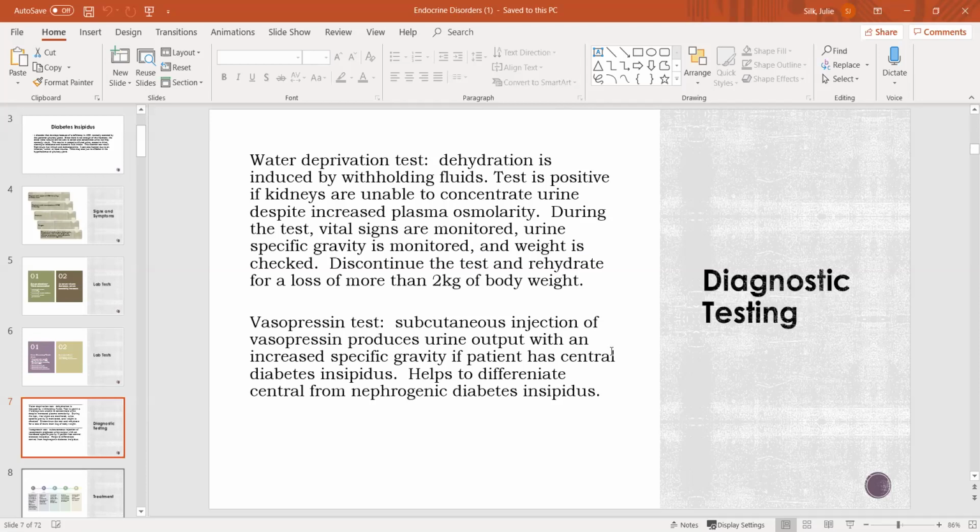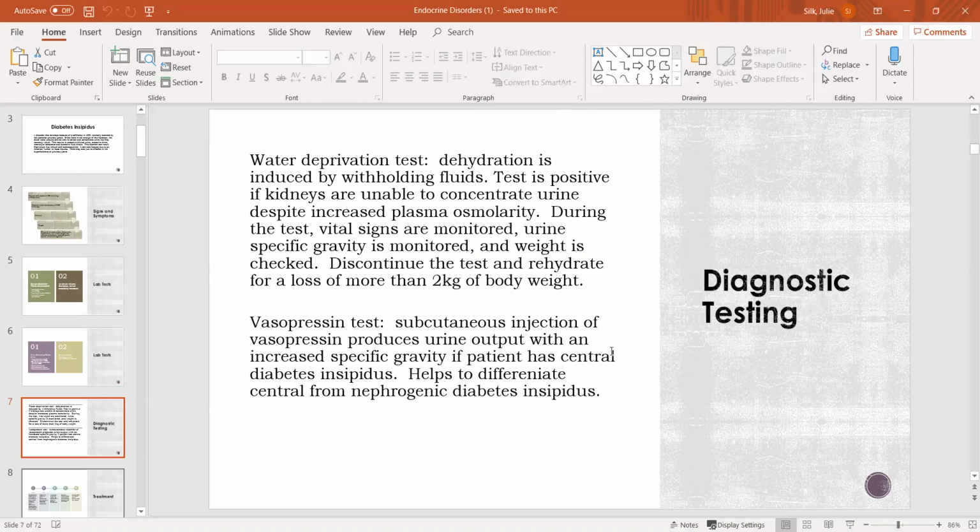Then there's another one, a vasopressin test. This is a subcutaneous injection of vasopressin, which is kind of a synthetic version of ADH. It's going to produce urine output with an increased specific gravity if the patient has central diabetes insipidus.